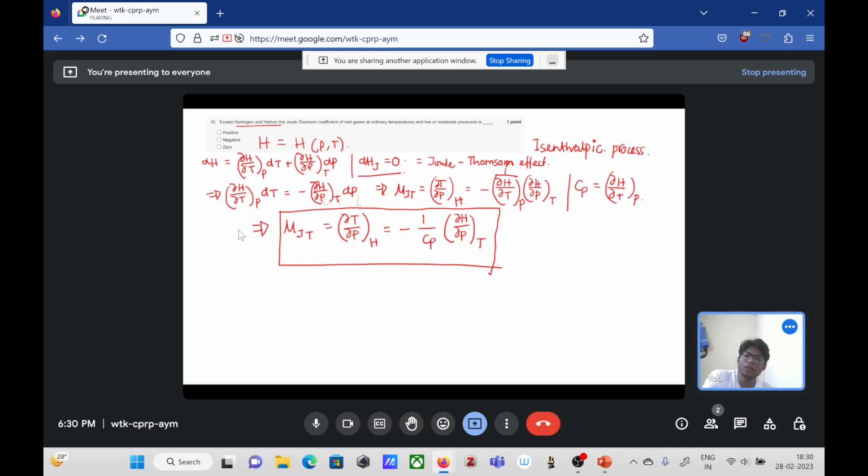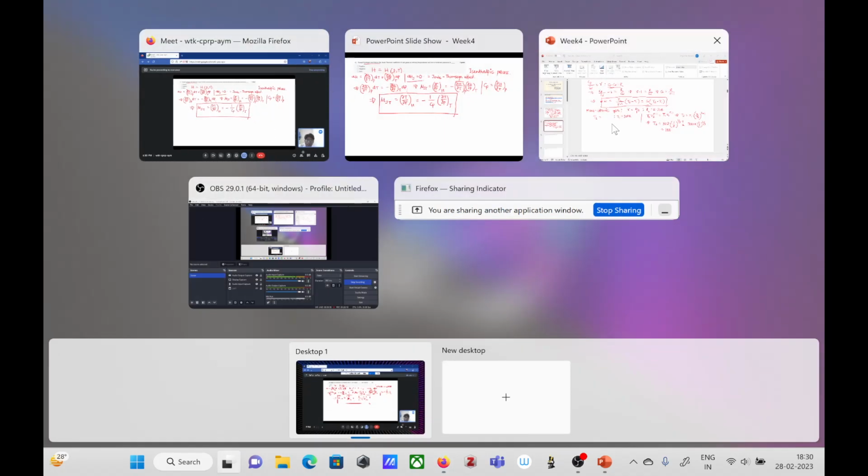For the Joule-Thomson effect, which is an isenthalpic process, the change in enthalpy is 0, so we can rearrange those expressions and get mu JT equal to del T del P at constant H, equal to minus 1 by del H del T at constant P times del H del P at constant T. Now Cp, the heat capacity at constant pressure, is del H del T at constant P. Let's go into the derivation.